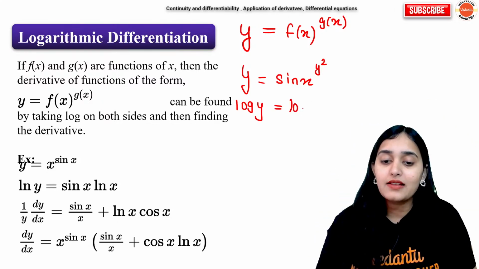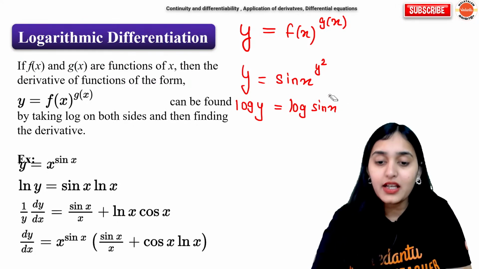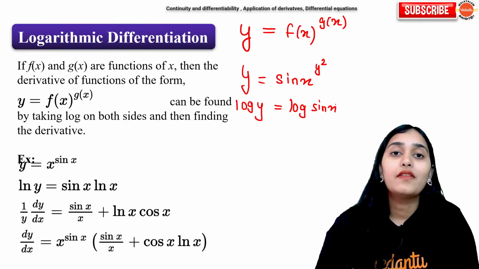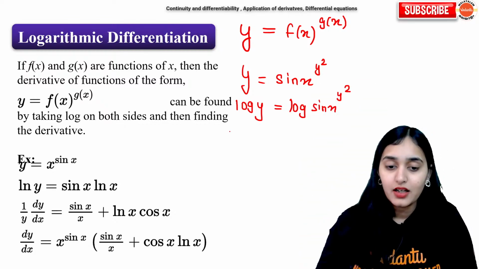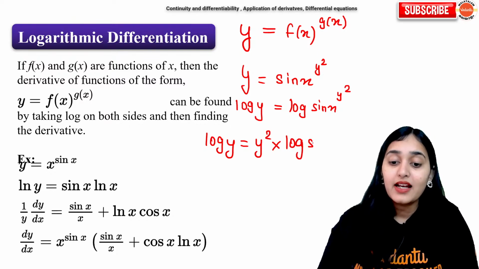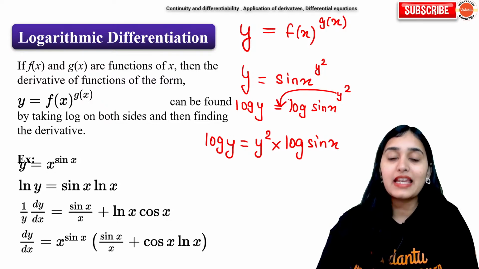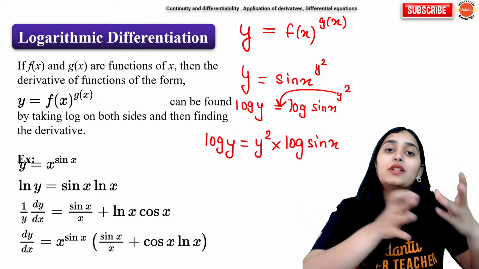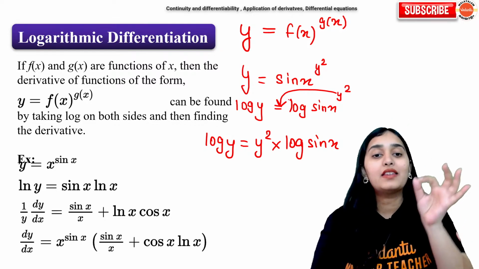Log y is y square log sin x. Remember, whenever your log variable has a power, that power comes in front. This is super important. Always the power comes outside log x. So this is how we do logarithmic differentiation.